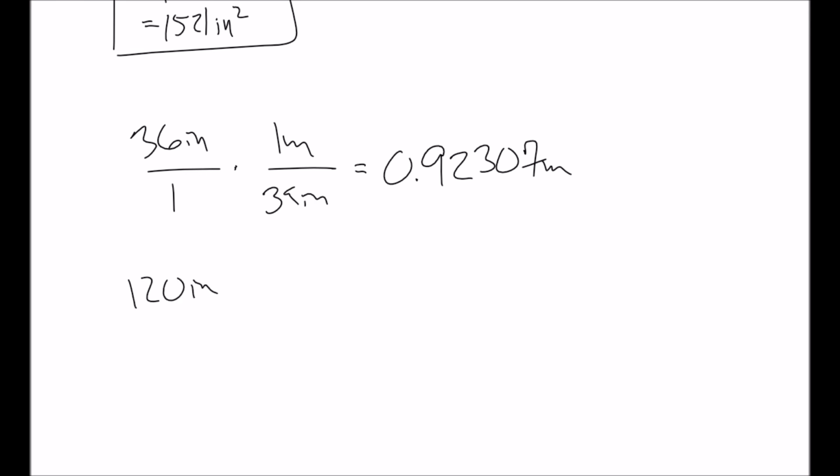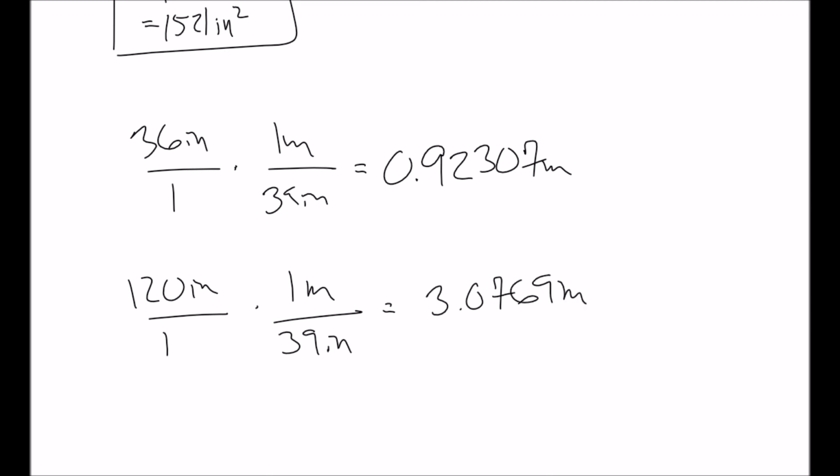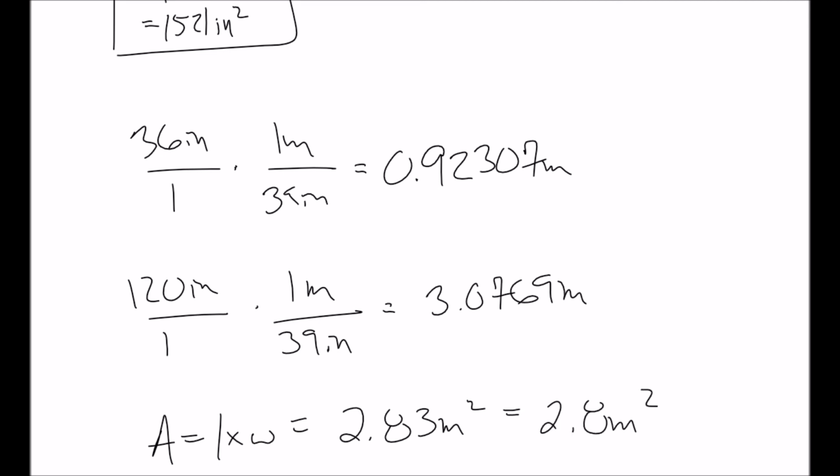And my other dimension was 120 inches, which when I convert to meters will give me 3.0769 meters. Area equals length times width, which when we multiply those two things together, we get 2.83 meters squared, which when I convert to 2 sig figs gives me an area of 2.8 meters squared.